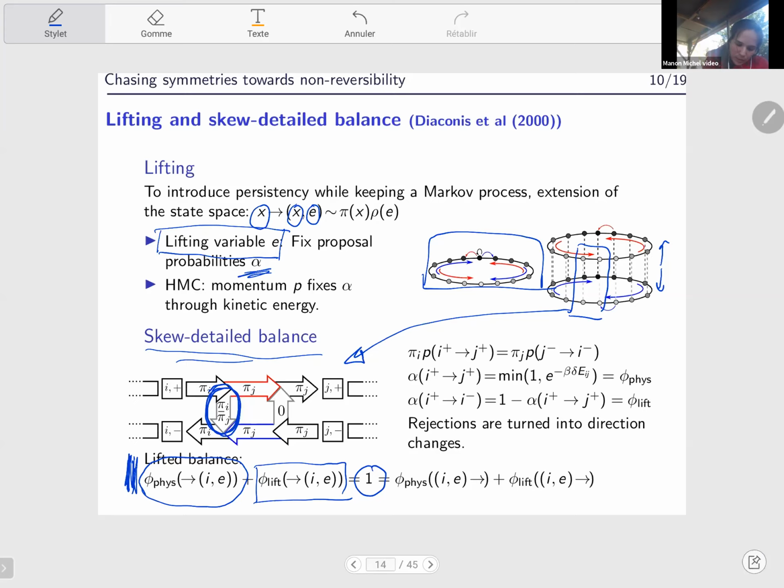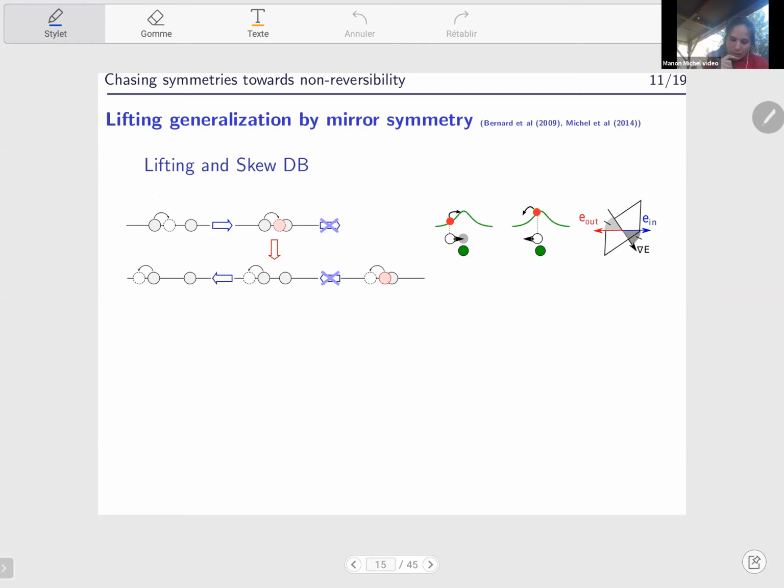So that was the idea used in lifting in the Diaconis paper. And what happens with particle systems? Let's say here I just have a system with two spheres. I'll be moving this one, updating it, and when I have a rejection, I will move it back.